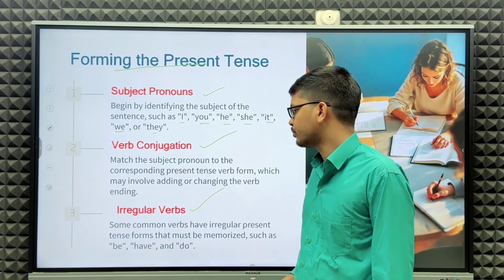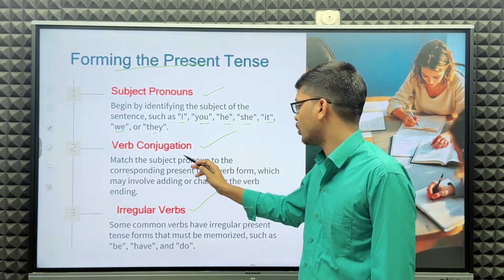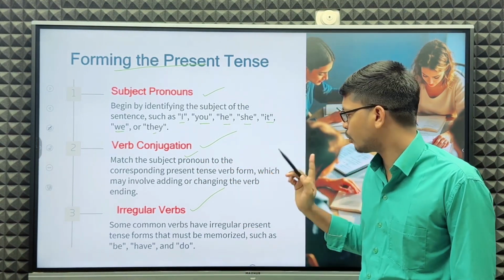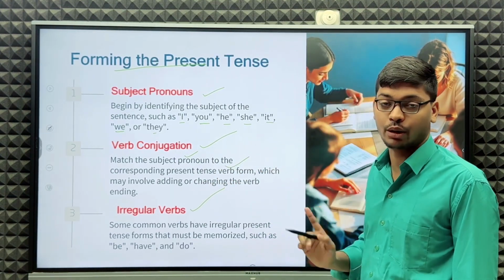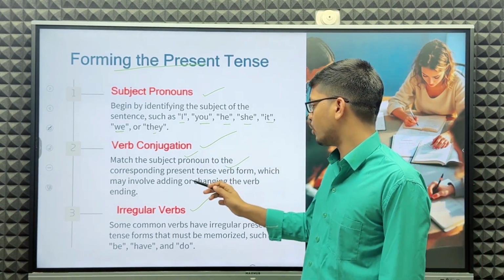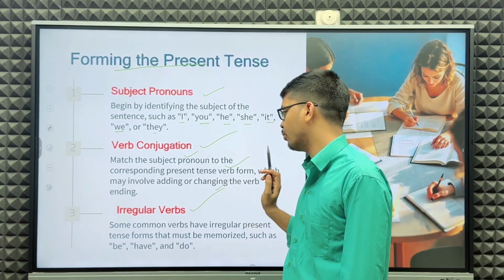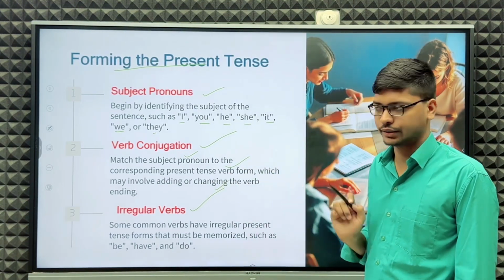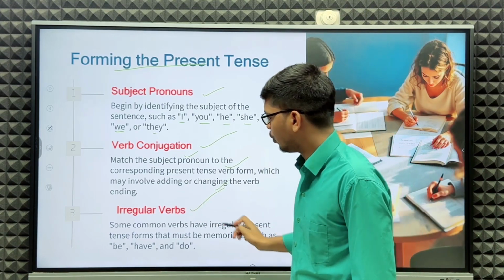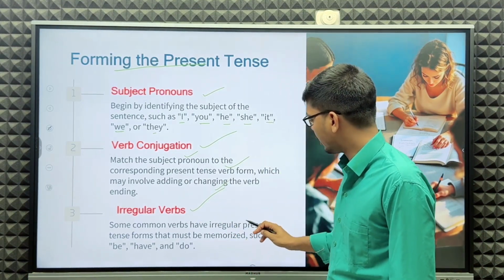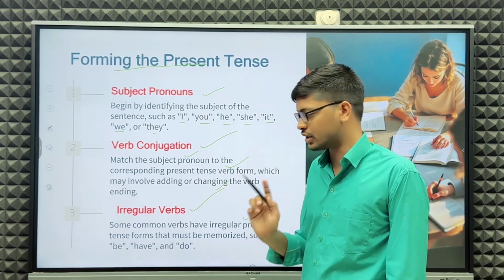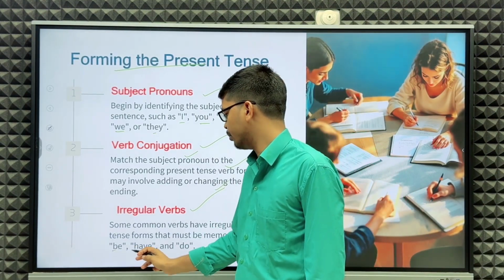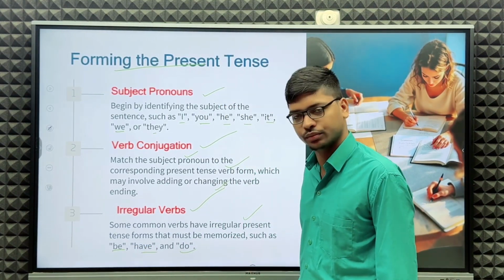Verb conjugation: match the subject pronoun to the corresponding present tense verb form, which may involve adding or changing the verb ending. Okay. Next, irregular verbs. Some common verbs have irregular present tense forms that must be memorized, such as be, have, and do.